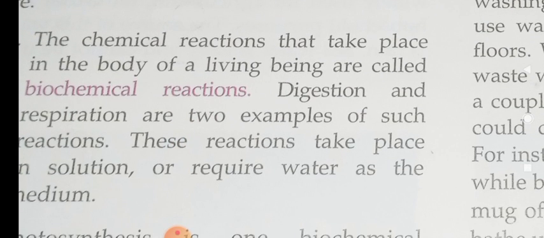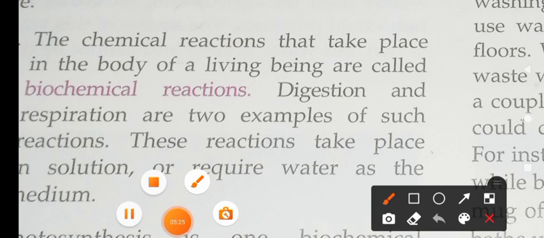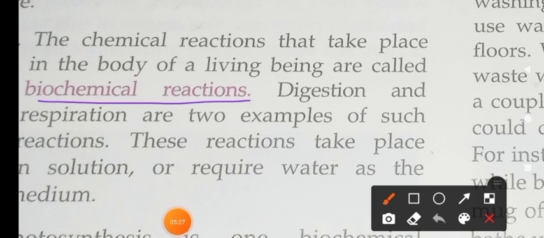The first one is biochemical reactions. What do you mean by biochemical reactions? The reactions that take place in the body of a living being are called biochemical reactions. Digestion and respiration are two examples of such reactions.